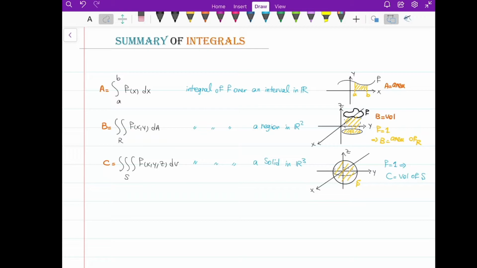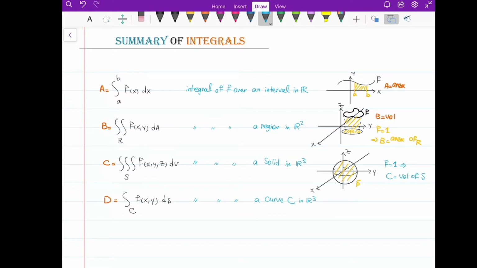Then after we studied that, we go to D, which is a line integral of a function of two variables, for example, over the curve C. It calculates the integral of the function f over a curve C in R3.